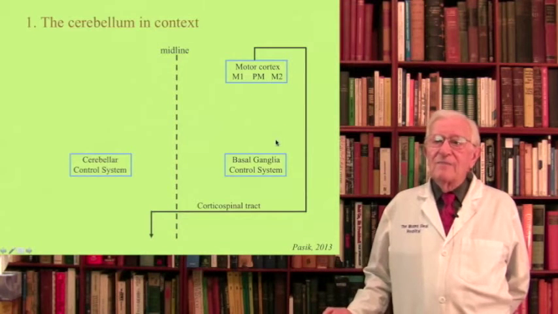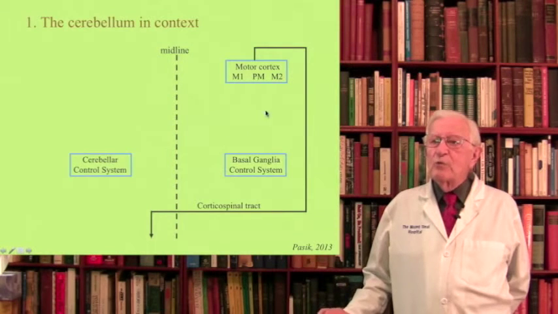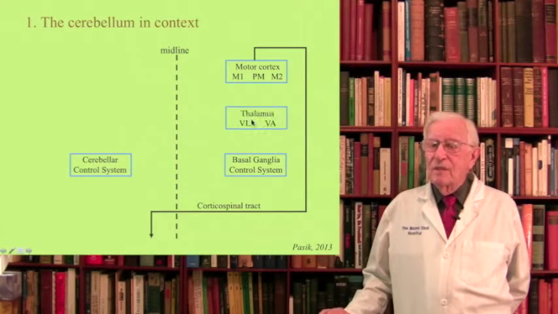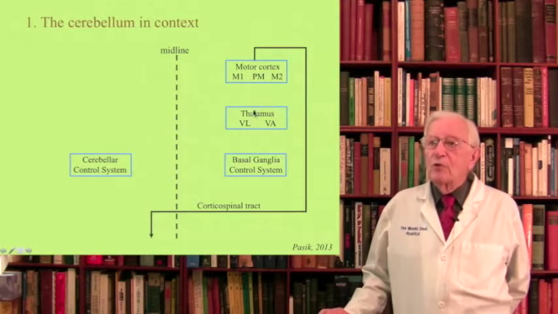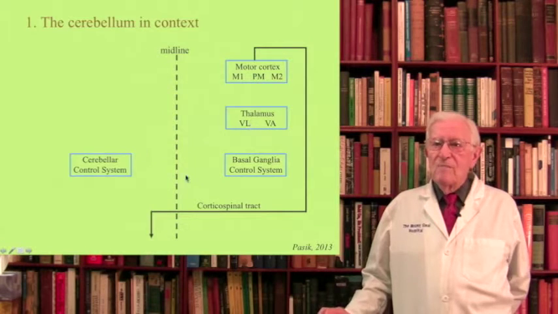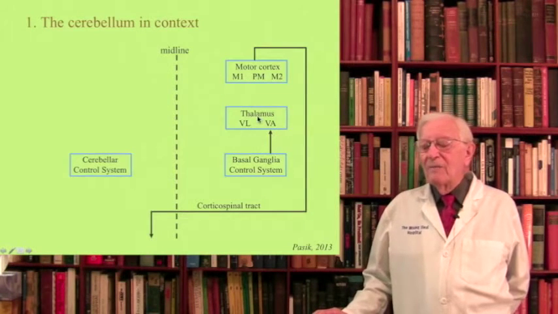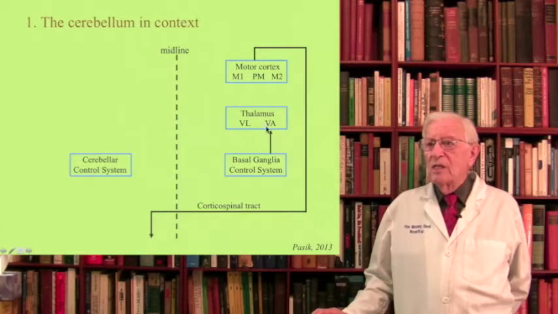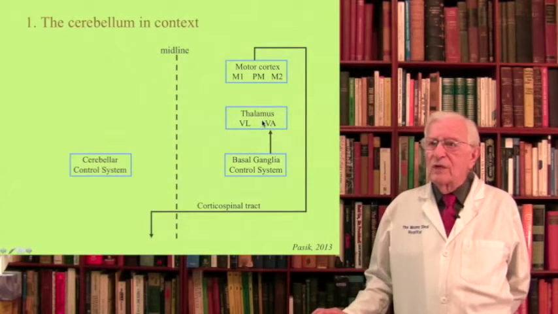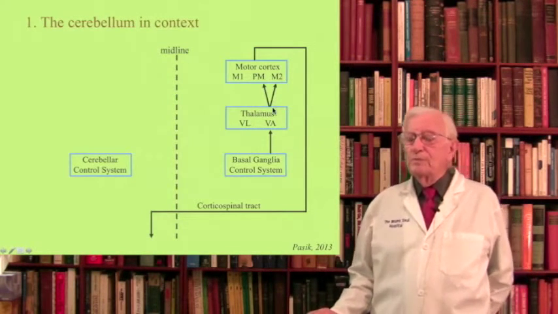Both of these systems influence networks in the thalamus, which in turn project the result of their processing to the motor cortex. But look at how it is laid out. The basal ganglia will project essentially to a thalamic nucleus called VA, the ventral anterior nucleus, and this VA is going to project mostly to both PM and M2.